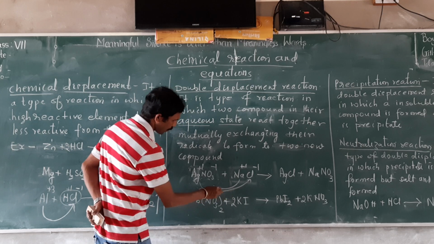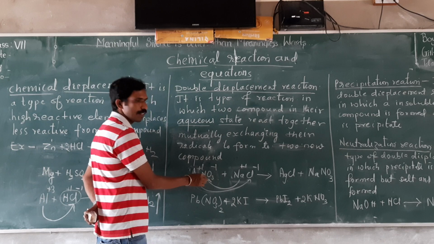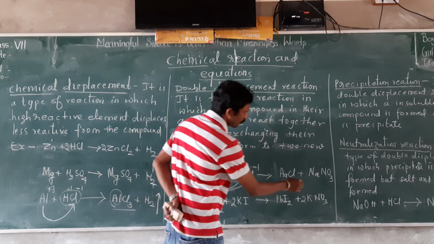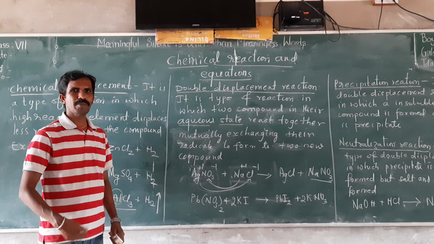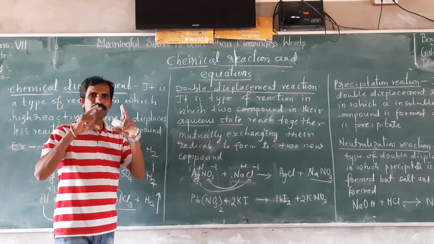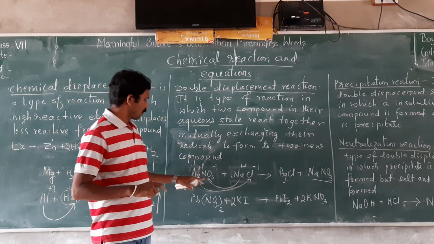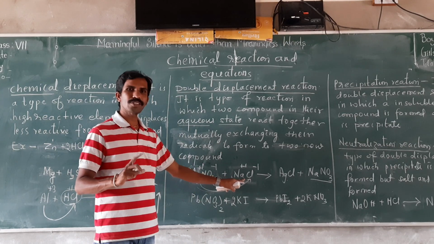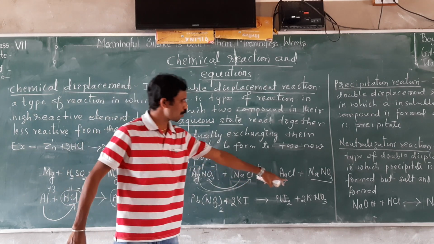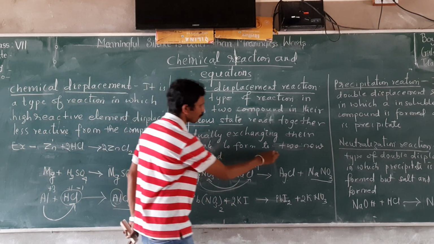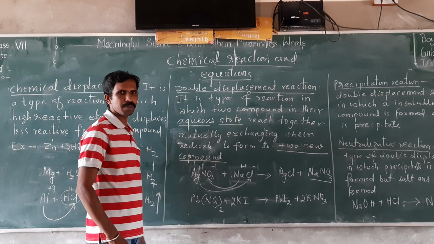Similarly, sodium, a cation, reacts with the NO3 anion to form sodium nitrate. This is how double displacement happens. Aqueous solution means the compounds are both dissolved in water. When they mix together, two new compounds are formed.